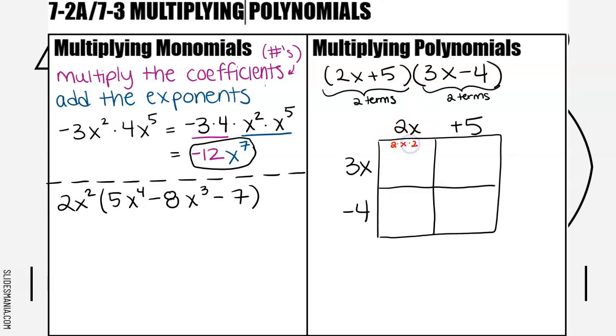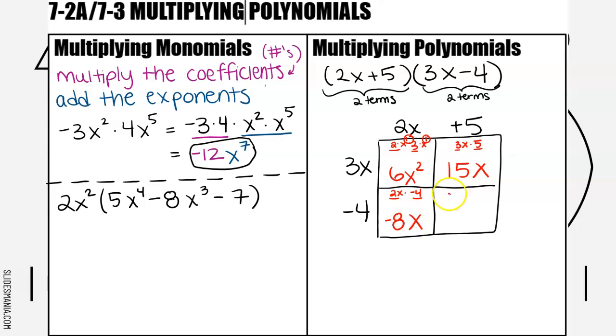I have 2x times 3x. I'm going to multiply my numbers to get 6, and don't forget to add those imaginary exponents to get x to the second power. Then I'm going to take 3x times 5. I'm going to multiply my numbers to get 15, and then I just have that x. Third box, I'm going to multiply 2x and negative 4, multiply my numbers to get negative 8, and then I just have that x.